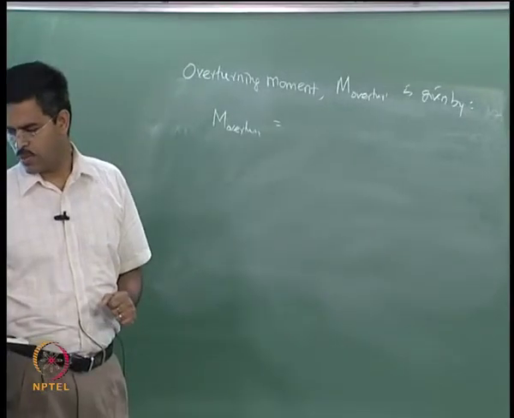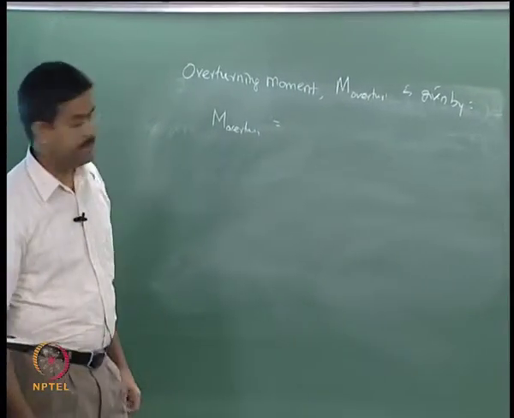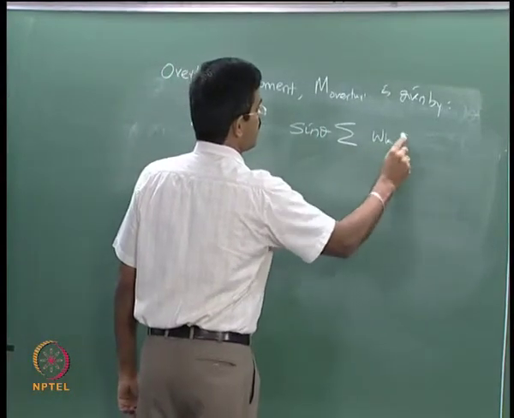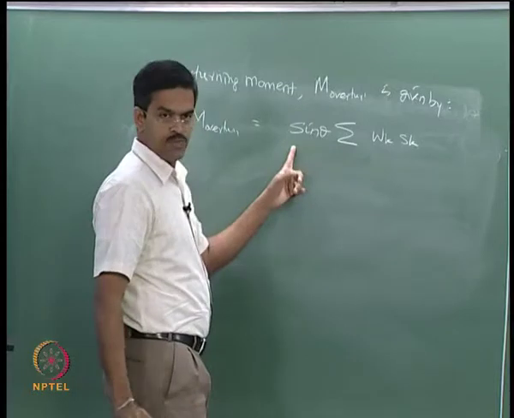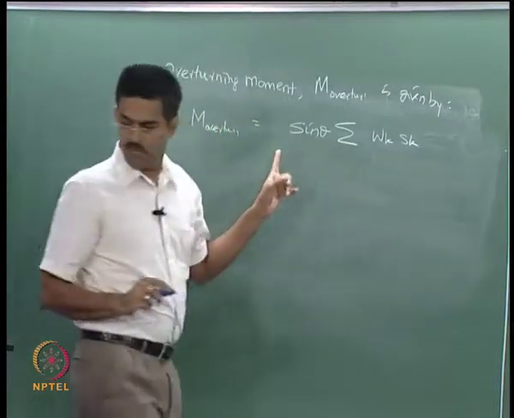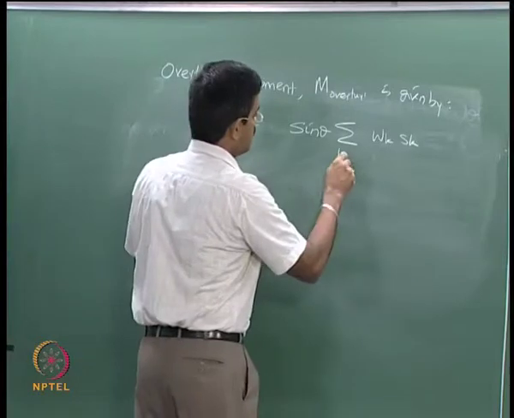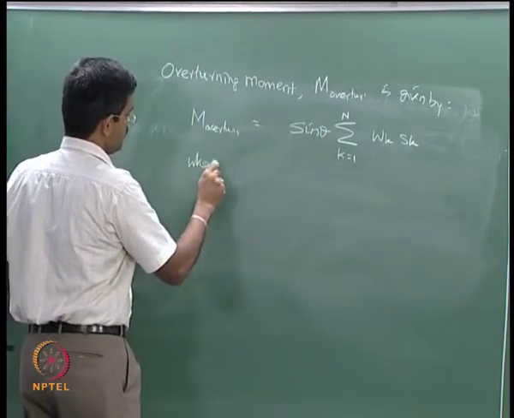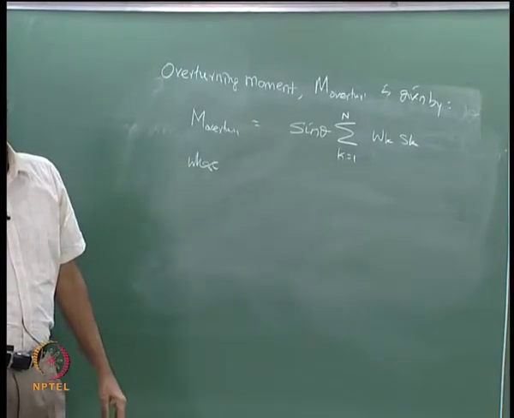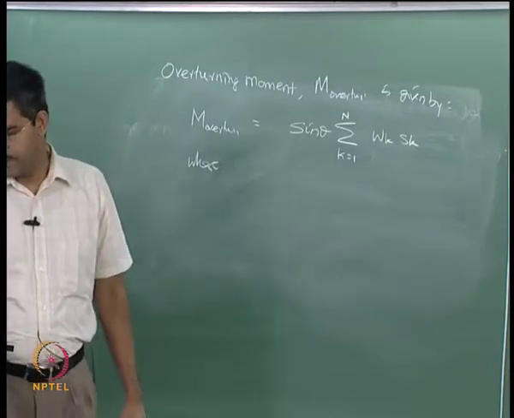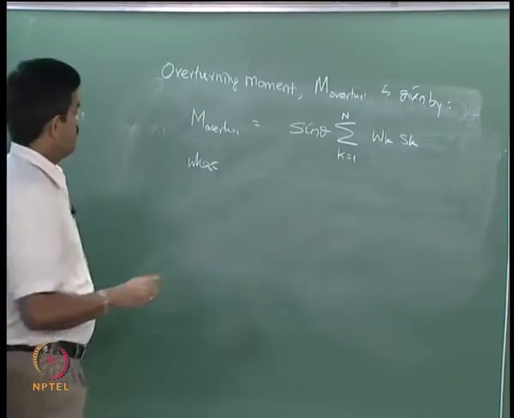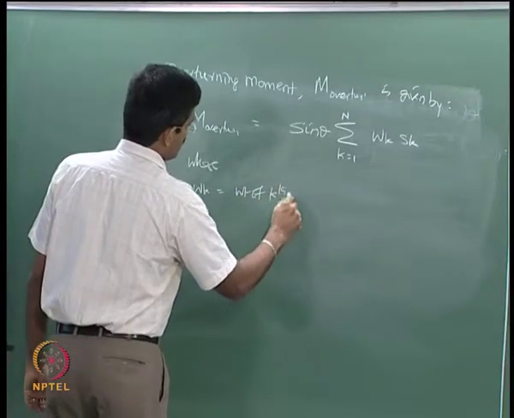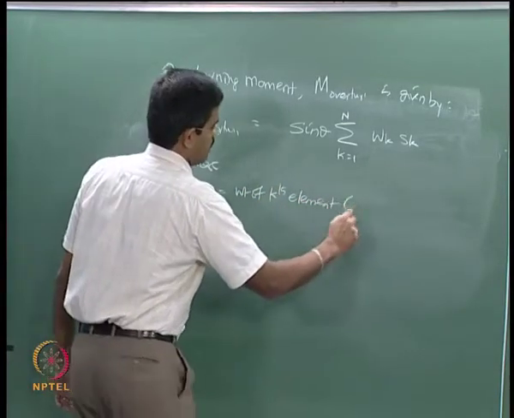Okay. So, that is going to be sin theta of sum of Wk Sk. I have taken sin theta out, I am summing it for k equals 1 to capital N, where Wk is the weight of the kth element.